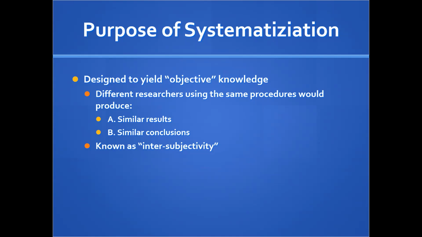But apart from similar results, it's also possible that they might have contradicting results, because again, what applies to one might not be applicable to another. But if you have similar results and similar conclusions, then probably that theory can work not only on a small scale, but could work in different contexts, known as intersubjectivity.